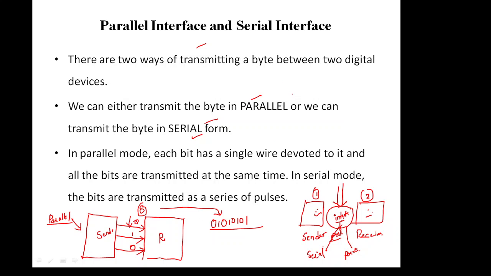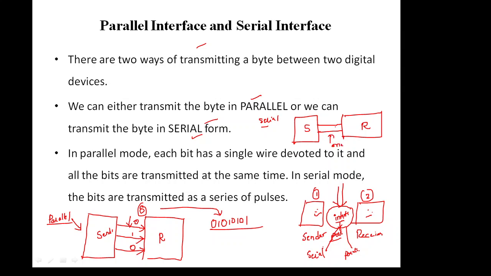When it comes to the serial mode, here I am drawing the diagram for serial. As usual, the sender will be here and the receiver will be here. Serial means you will transfer the data in one communication channel only. This is the only one communication channel.